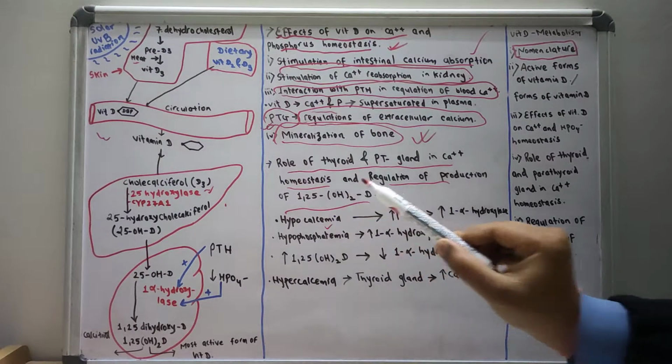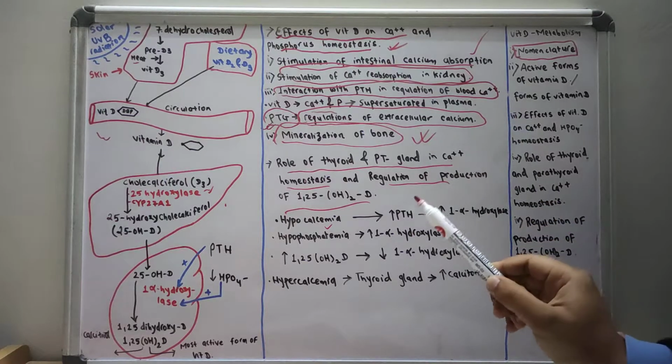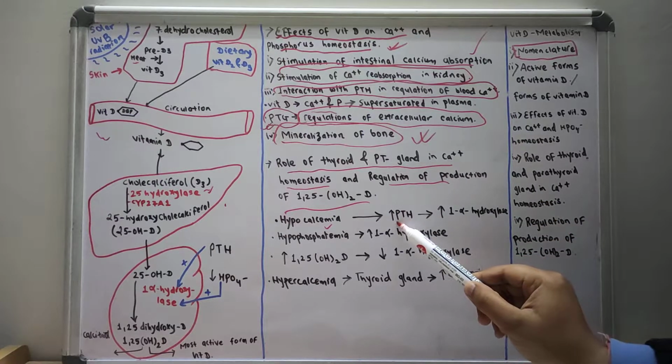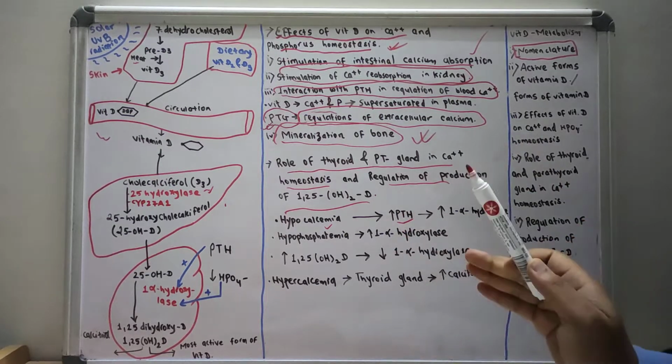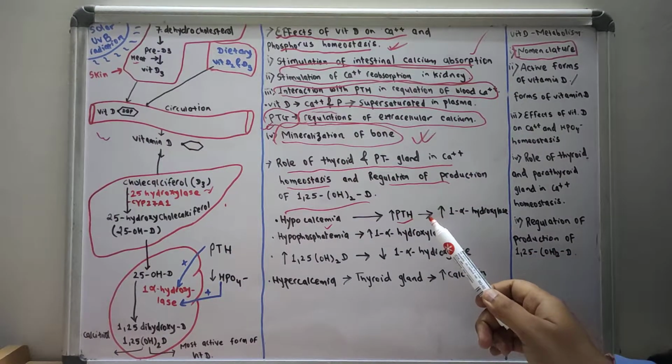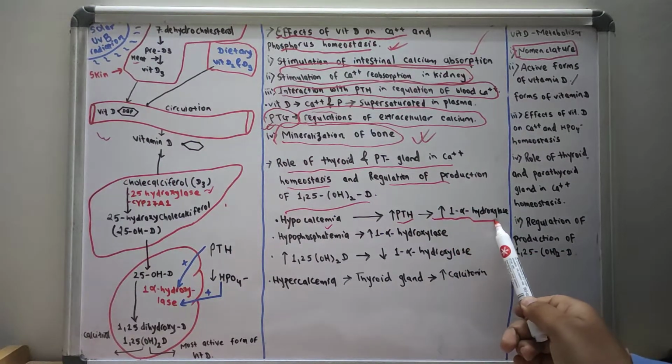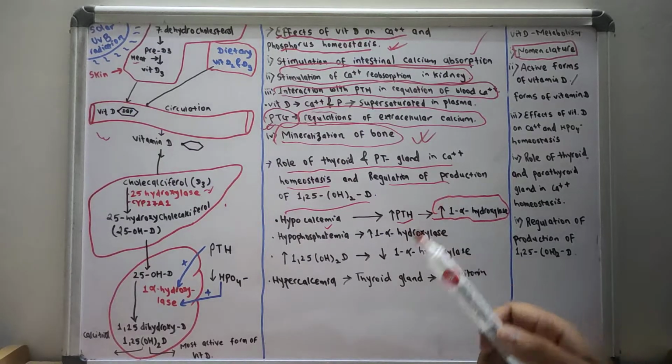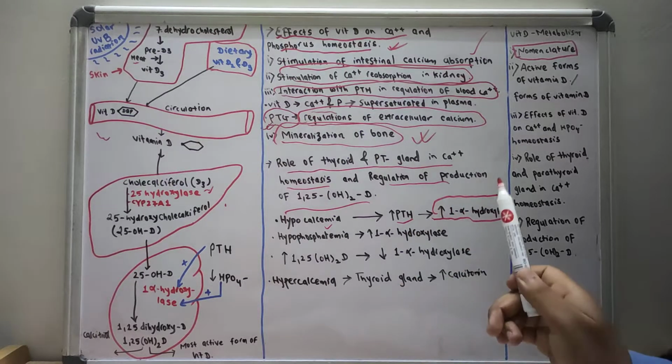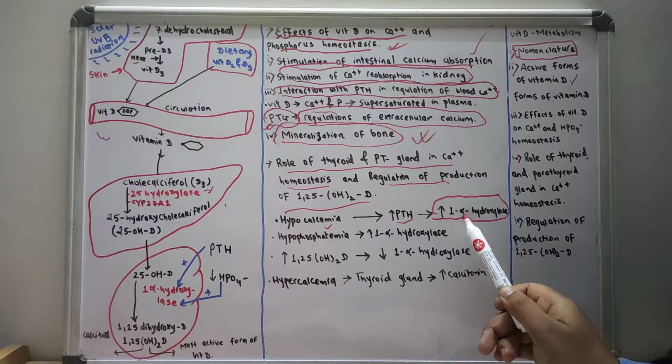So whenever there is hypocalcemia, there is a response by the parathyroid gland, and the parathyroid gland increases the parathyroid hormone, and the parathyroid hormone increases the activity of 1-alpha hydroxylase. So now what happens when the activity of 1-alpha hydroxylase is increased?